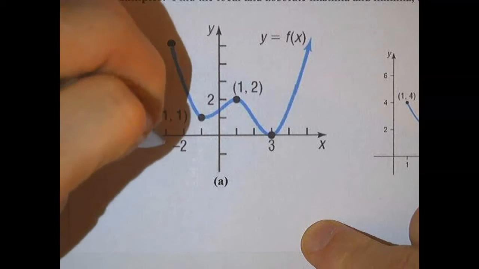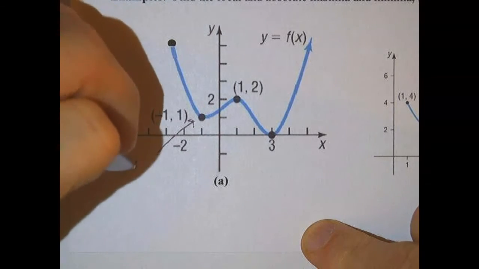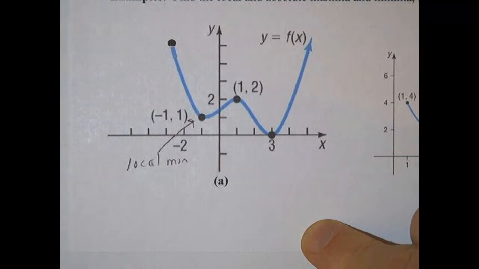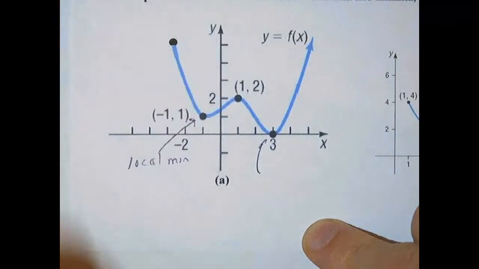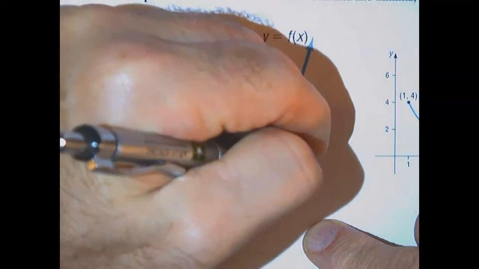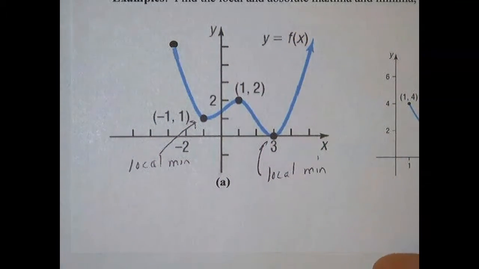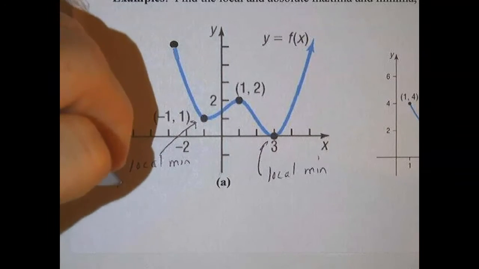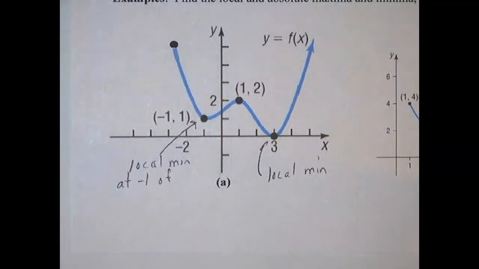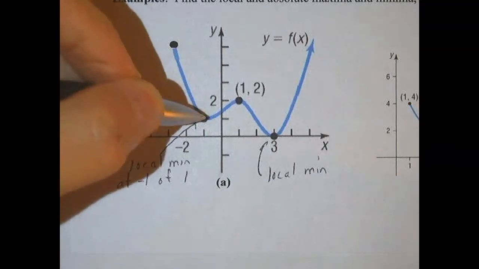So this point right here is a local minimum. Here's another local minimum, because it's also the bottom of a hill. There's a lot of ways to say it. You can say there's a local minimum at -1 of 1, because the height is 1.